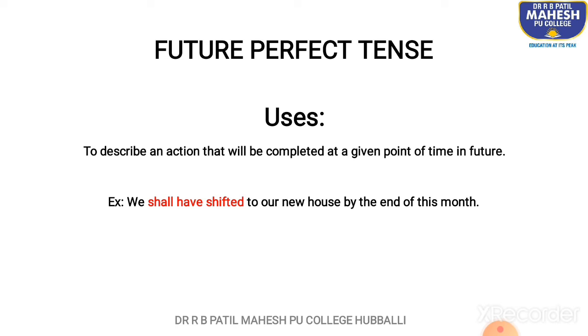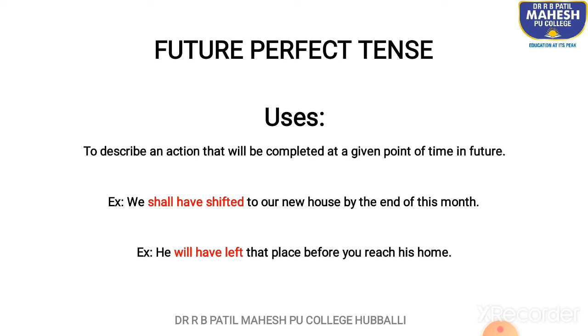So that is how we frame these future perfect tense sentences. We shall have shifted to our new house by the end of this month. This speaks of an action that will be completed at a given point of time in future.